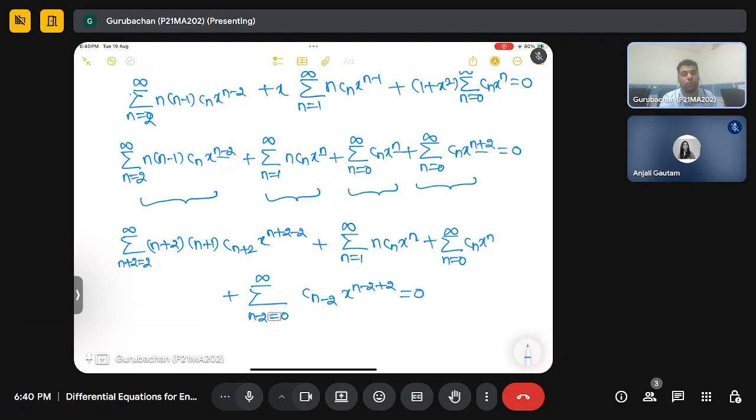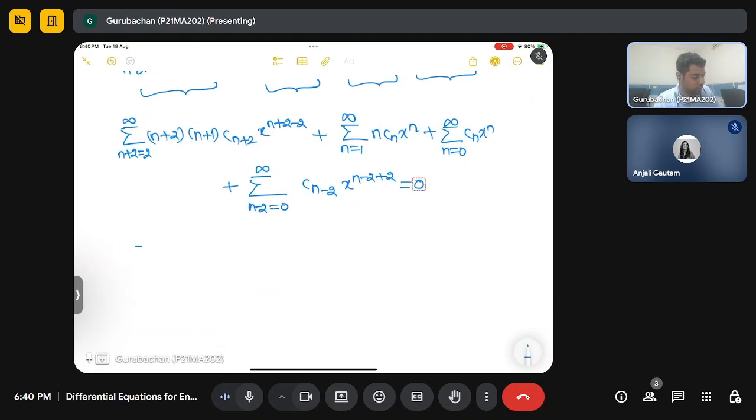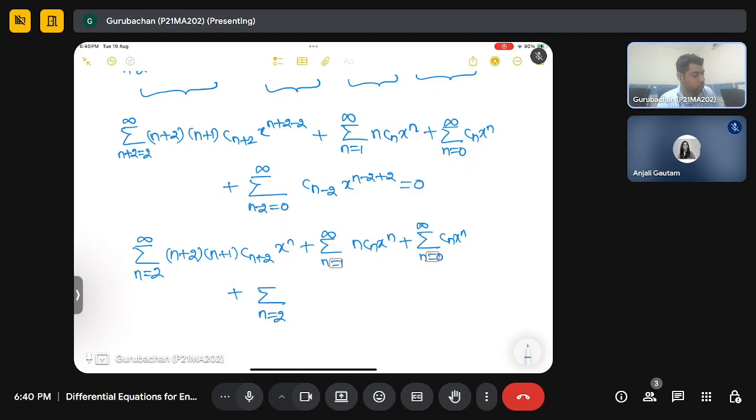From here we will get the sum from n equal to 2 to infinity of (n plus 2)(n plus 1) C_(n+2) x^n plus the sum from 1 to infinity of n Cn x^n plus the sum from 0 to infinity of Cn x^n plus the sum from 2 to infinity of C_(n-2) x^n equal to 0. So this will be your simplest form in terms of x to the power n.